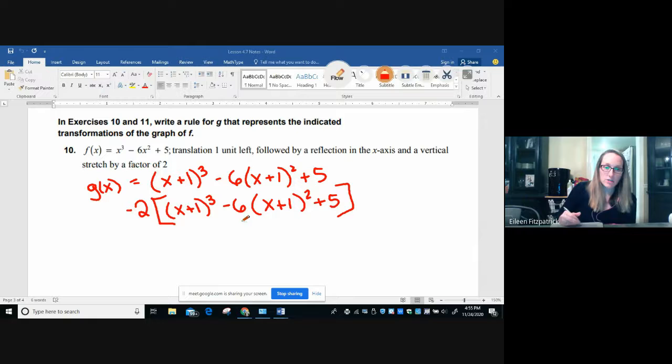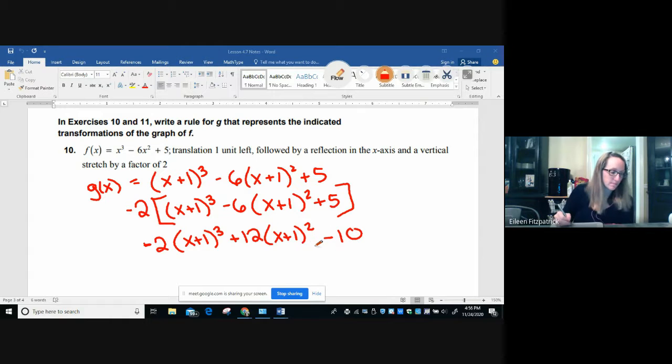All right, I'm going to distribute the -2 in, so it's -2, x plus 1 cubed, distribute the -2 in, so plus 12, x plus 1 squared, distribute the -2, minus 10. Okay, and that would be it. Now, honestly, I would take it without you distributing the -2 in.